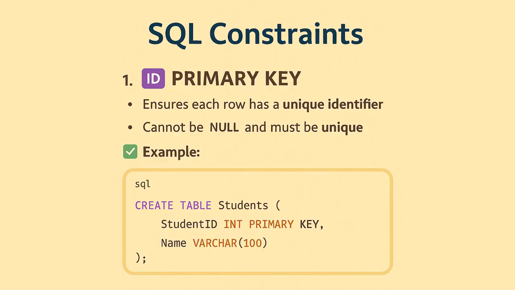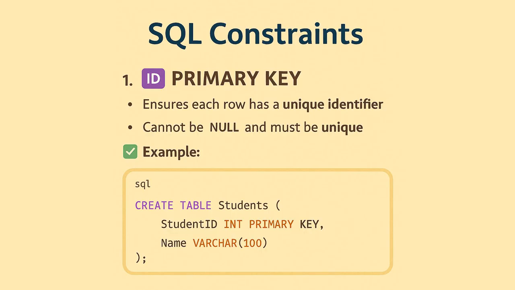Before everything, I want to introduce some constraints in SQL. Not all the constraints, just the constraints which are very important to identify the relationships. The first one is the primary key.